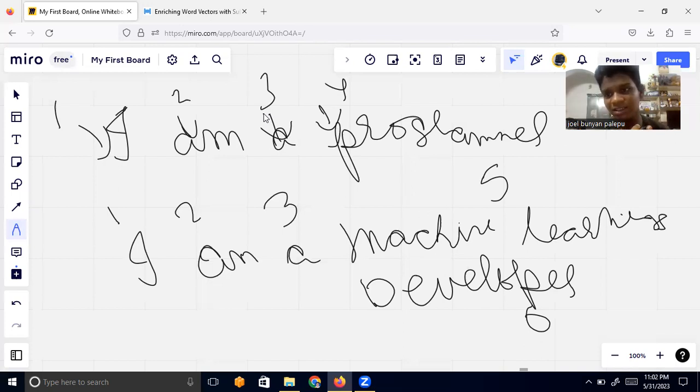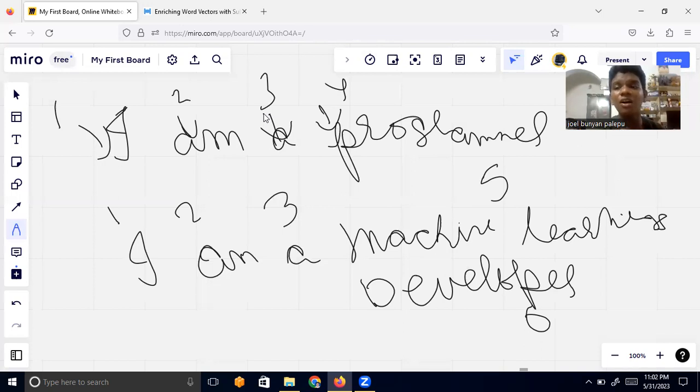Based on the training set, we're going to have huge amounts of text. When we train our model on this text, it should be able to understand that the words programmer and developer are quite similar. So we want our model to give similar values to both the words programmer and developer, or programmer and machine learning.